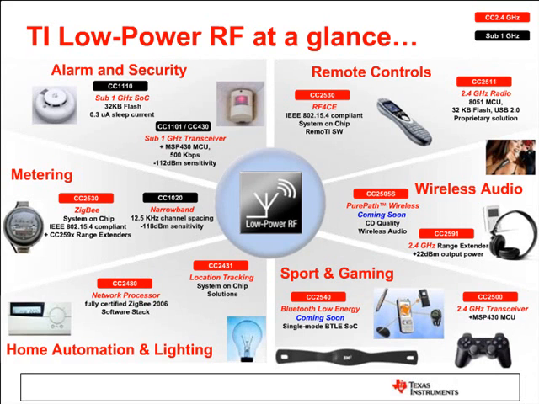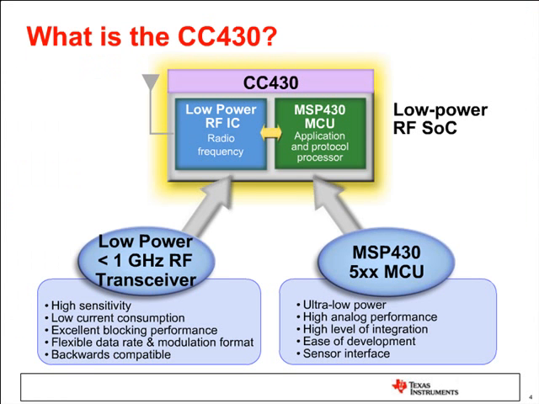So what is the CC430? I spoke to it a little bit in the sense that it's a sub 1 gigahertz RF transceiver. The CC1101 radio transceiver that was integrated with the MSP430 is known, in terms of its key value propositions, to have high sensitivity and low current consumption for the performance that it delivers.